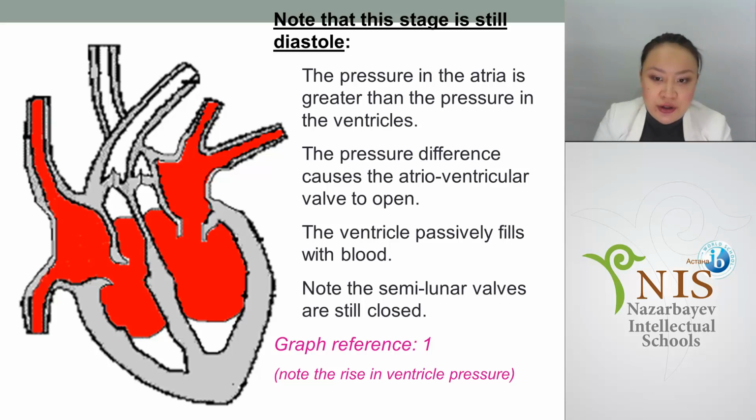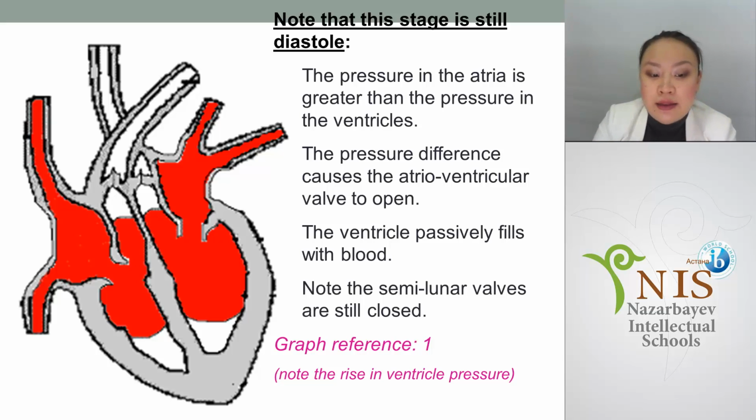The pressure in the atrium is greater than the pressure in the ventricles. The pressure difference here, the pressure in the atrium, it's very important, is greater than the pressure in the ventricle now.